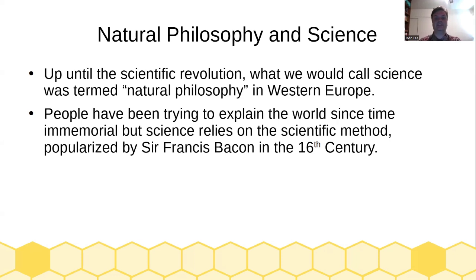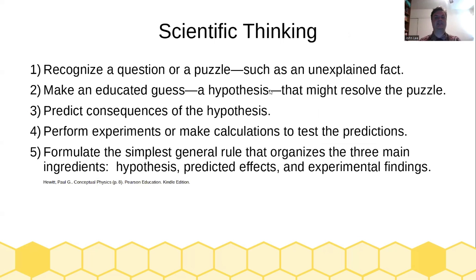So, what is the scientific method? The scientific method does not have a clear definition, but in general, the most important aspects of it are written out in the textbook for scientific thinking.